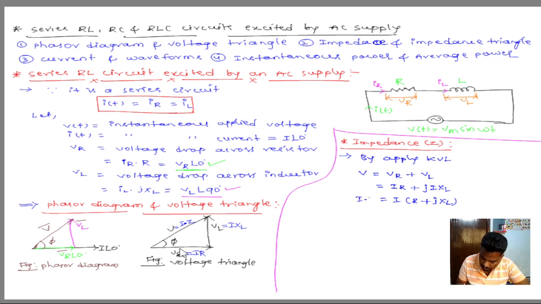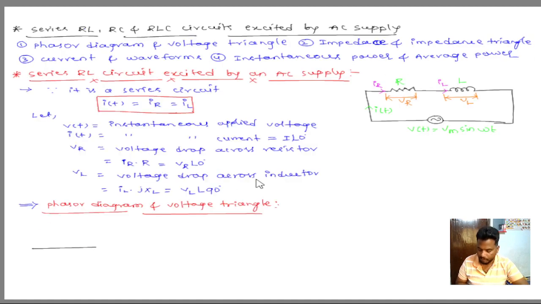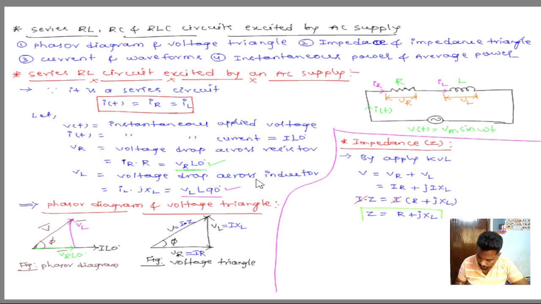V is I into Z, just like IR, and I cancels. Therefore, impedance Z is equal to R plus JXL. This is the impedance of series RL circuit, measured in ohms.